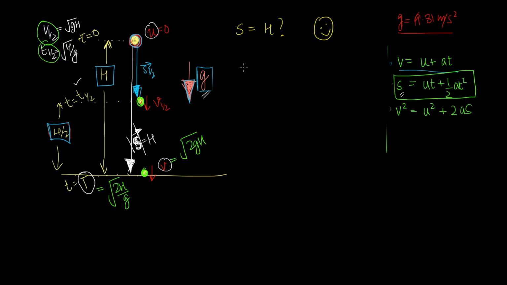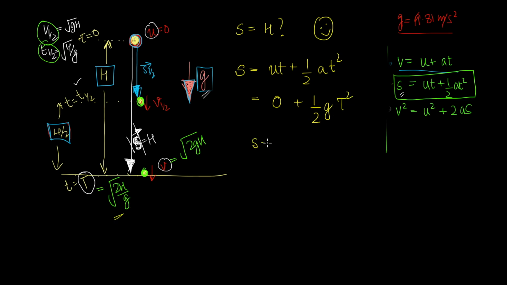In order to do that, we say S equals the total displacement vector from the initial to the final position equals ut plus half at squared. Now, we know that u was 0 because initially the ball was at rest. And finally, you have to put in the other term as well, so that's half of a t squared. Now, a here would be g, and t squared would be capital T squared.